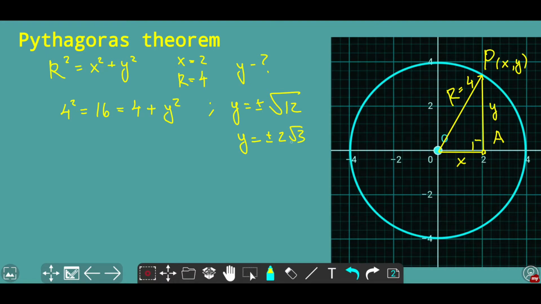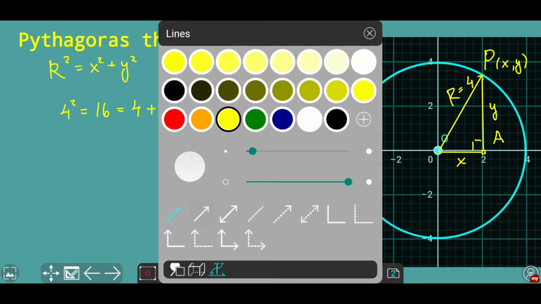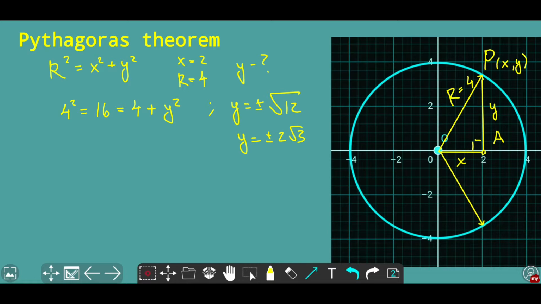All right. So why do we have two options for y? Because for a given x, there is also another option for our point to have the same x coordinate equal to 2. So here or here, as we actually have. For this reason we take only the plus, but make sure you remember that for a given x value you will have two possible y values, and vice versa.